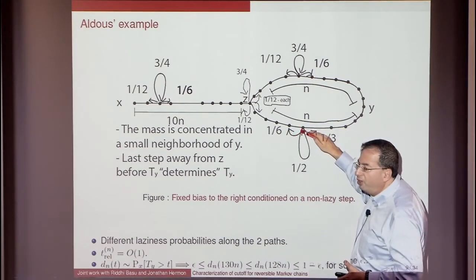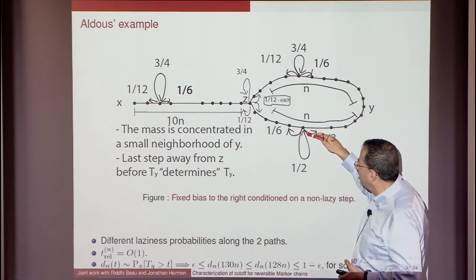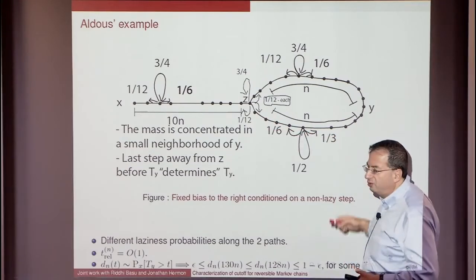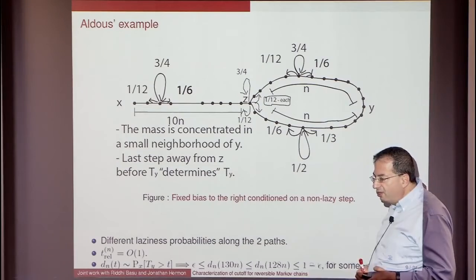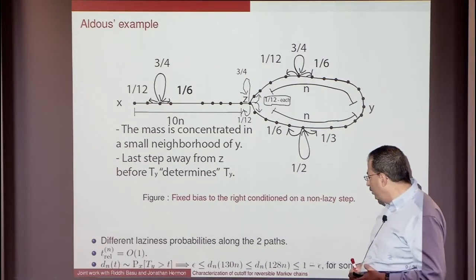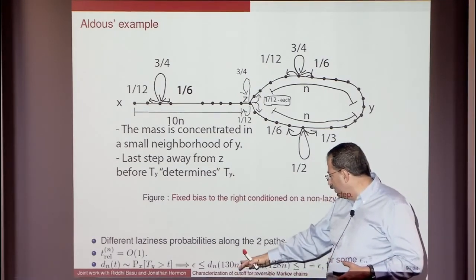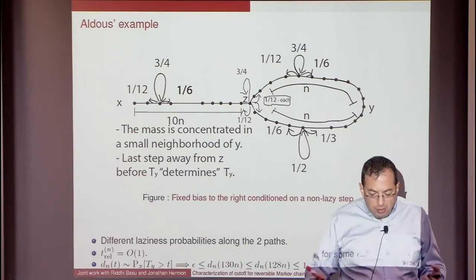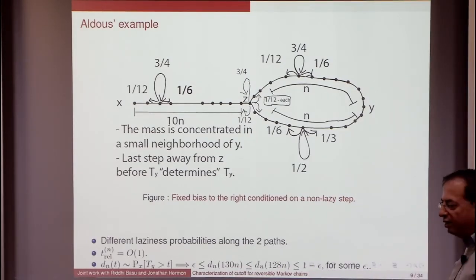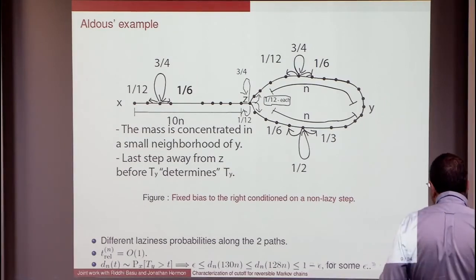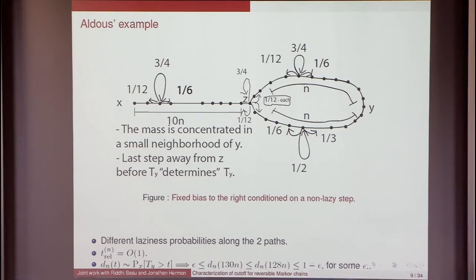And if you choose the bottom route, it's going to take you just 6n to go left to right. So you get different constants, so there's no cutoff. In particular, if I look at two intermediate numbers like 130 and 128, in both of them the total variation distance is bounded away from 0 and 1. And so there's no cutoff.